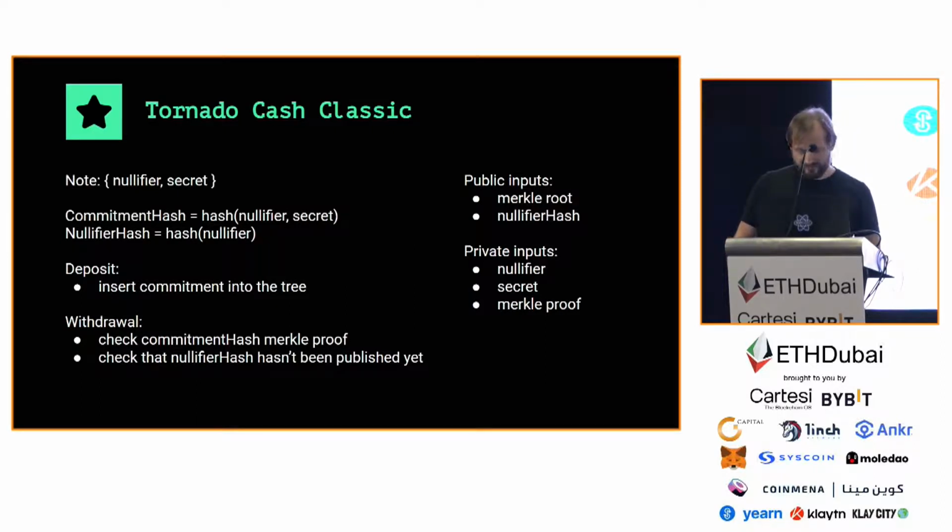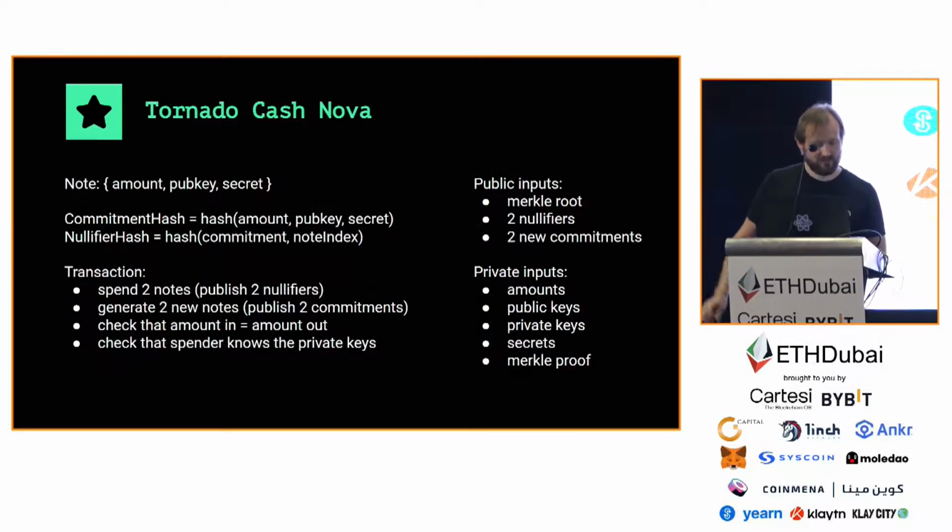Then Tornado Cash Nova is a little bit more complex system, but it's based on the same concept. It makes the note a little bit more complex. So now your note contains the amount that you're sending, the public key that owns this note, and also some secret number.